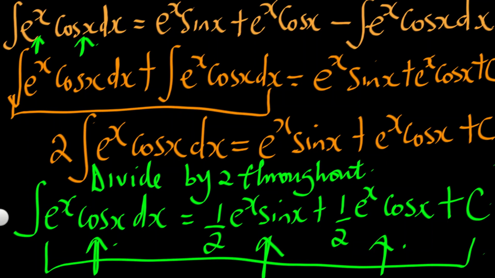But if we had an x squared and a cos x, we were never going to get this situation, because the x squared, if we choose it as our f of x, is going to dissipate upon successive differentiation. And all we can do in that situation is maybe to apply integration by parts 2 times or 3 times.